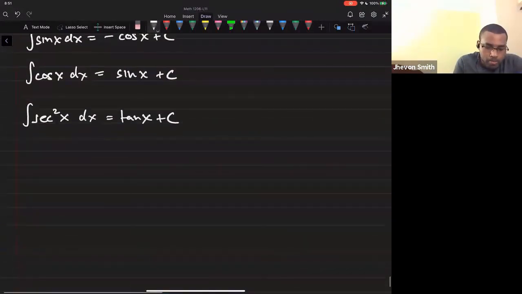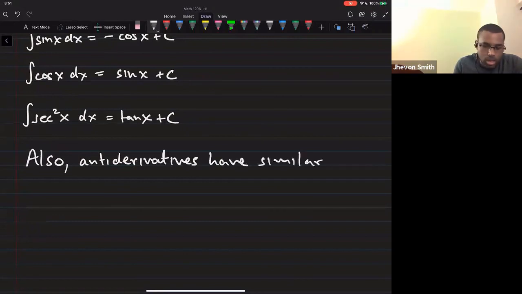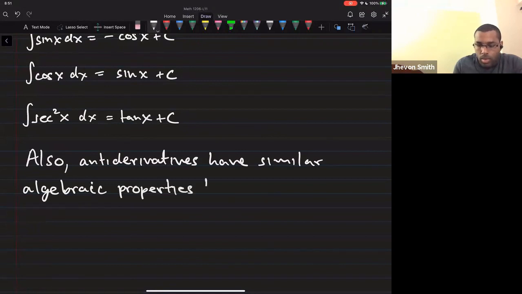So also antiderivatives have similar algebraic properties to derivatives.